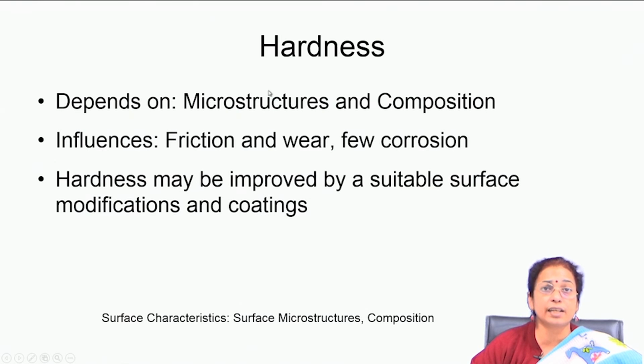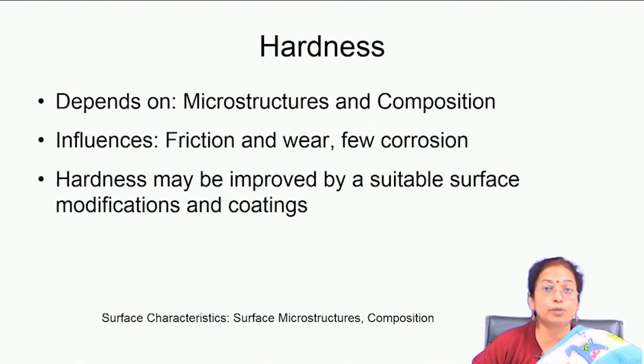Hardness is a primary mechanical property which influences many important surface-dependent mechanical properties like friction and wear, and corrosion property. It is dependent on the microstructure and composition of the materials, and also on the surface structure, because if you do any kind of operation on the surface, the hardness will also vary, particularly the scale of hardness.